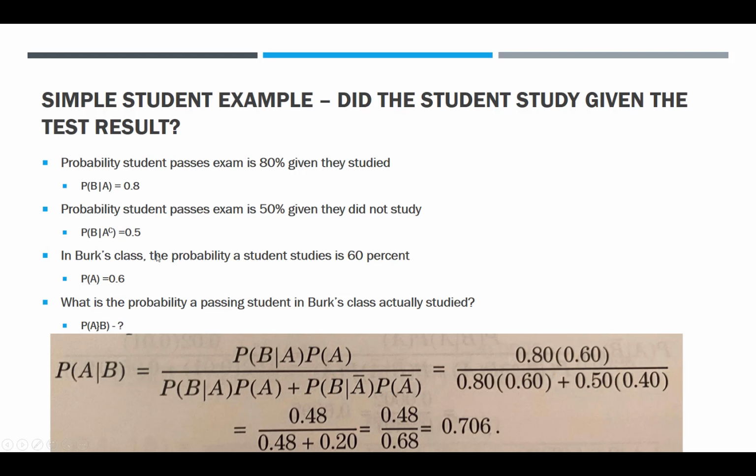So we said that the probability of B given not A, or A complement, is 50% times the probability of not A, which is 1 minus this, which is 0.4. Plug all that in, and the answer is 70.6%. So that is the probability that the student studied given that they passed in my class. All right.